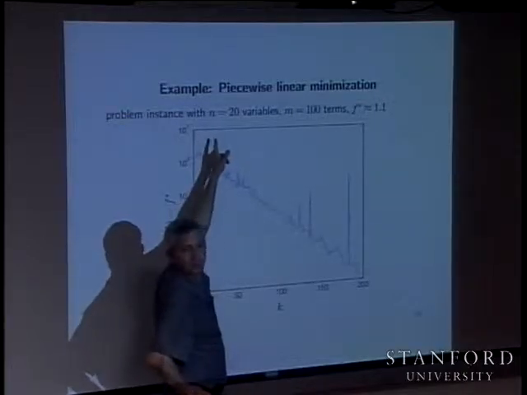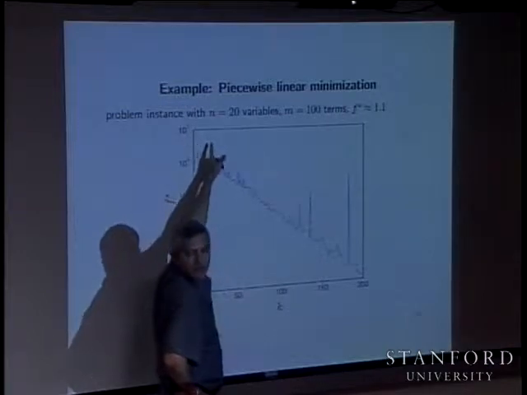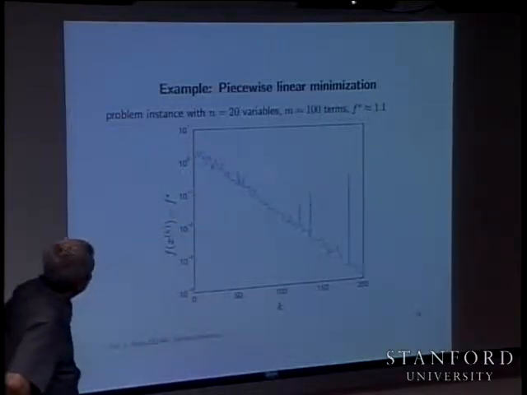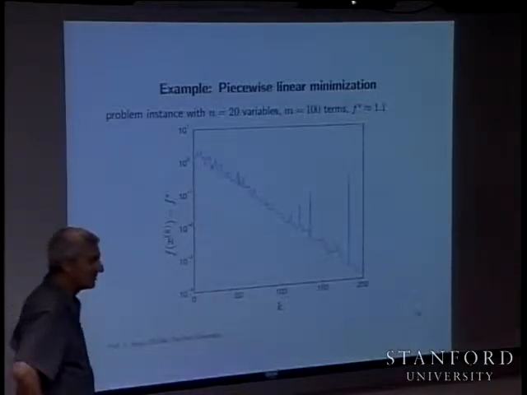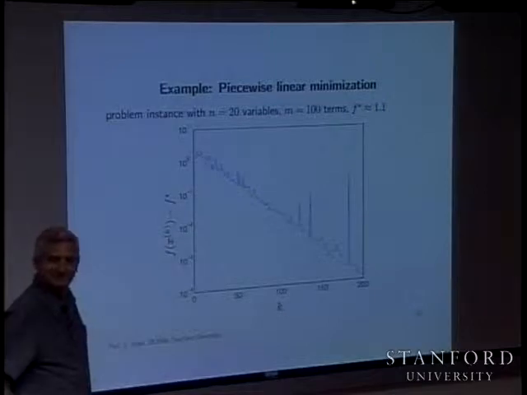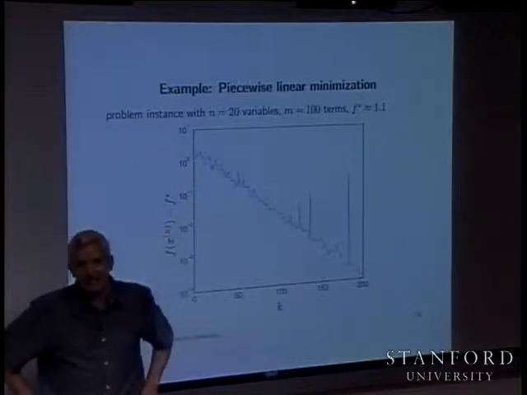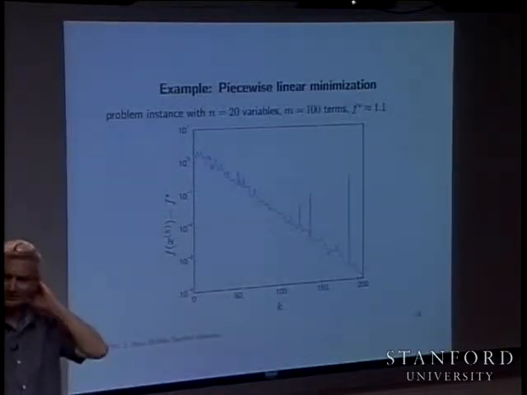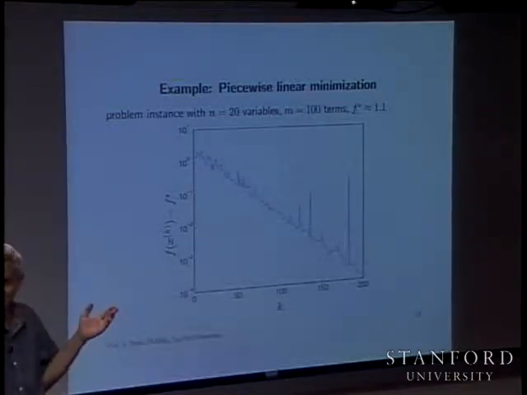So your code from last quarter, your homework code, which shouldn't have been too many lines, will solve this problem very, very quickly. In fact, anyone want to take a cut at how fast it would be? You have to minimize a piecewise linear function, 20 variables, 100 terms. It's going to be an LP when you add another variable, with 21 variables and 100 constraints or something like that.